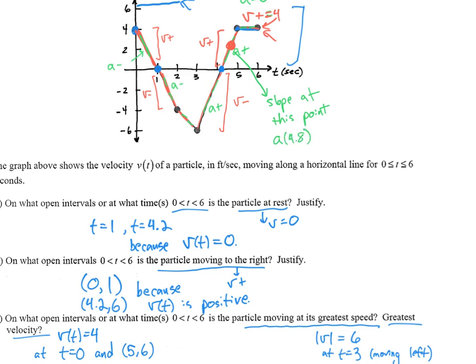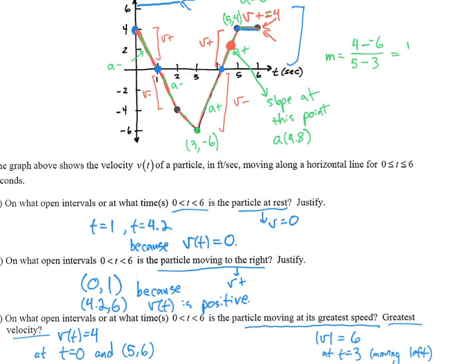And what we can do is take a look at the slope between the 2 points given to us. We see that one point would be 3, negative 6 on one end of that line, and the other point up here would be 5, 4 on the other end of that line. So we can find the slope between those 2 points by going 4 minus negative 6 over 5 minus 3.